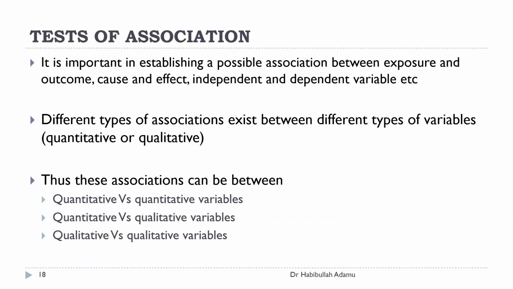If you want to know whether a certain factor is cause of a particular disease, the first thing to do is that you must establish that that suspected factor has association or relationship with the disease. If there is no association, don't bother yourself, just end it there. It cannot be the cause of that particular disease. So test of association is very important in statistics and in research.